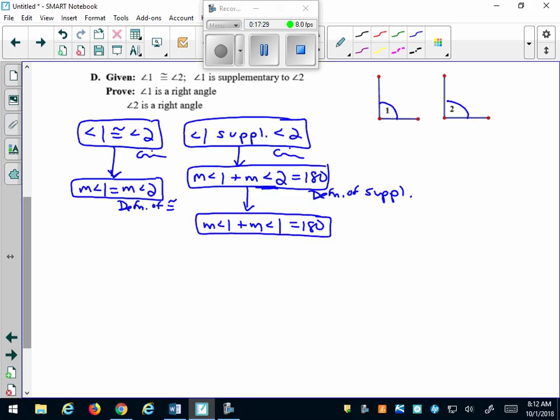Because 1 and 2 are the same, I could substitute measure of angle 1 in where angle 2 was. And that's just substitution. Then from here we can say 2 times the measure of angle 1 equals 180. And that's basically just combining like terms or simplifying.